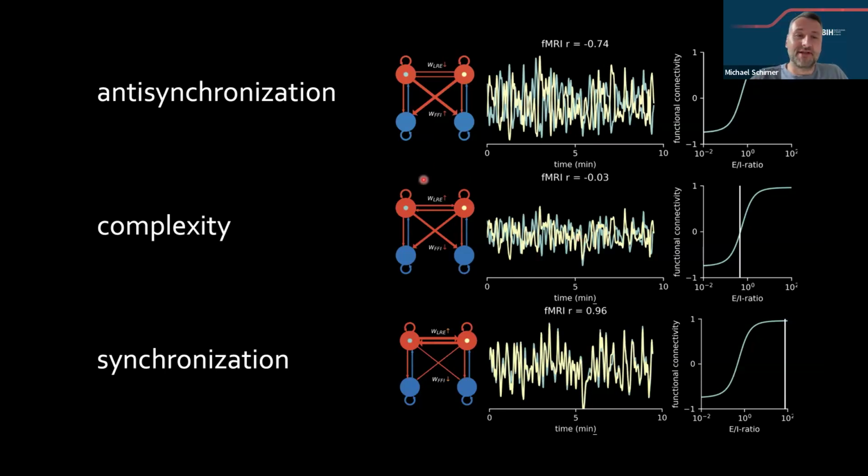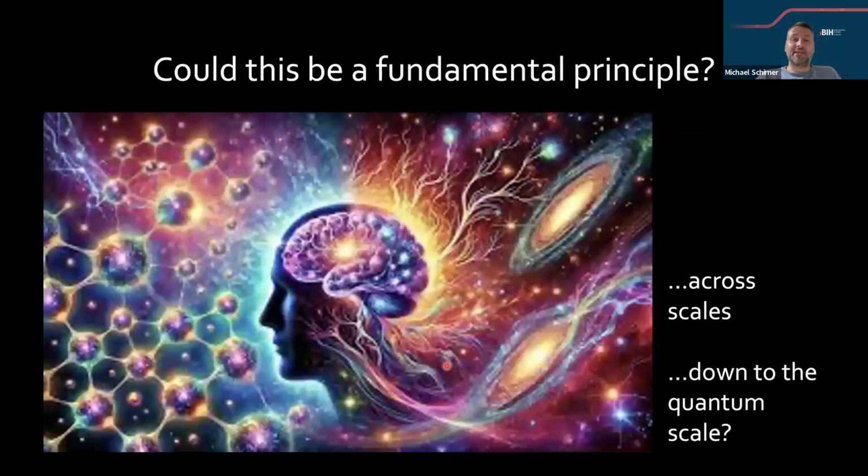All we did really was take four oscillators here and add this connectivity between the excitatory and the inhibitory oscillators on the long range scale, and then smoothly tune this. So there are no complex dynamics that were injected into this. And this leads me to believe that this could even be a fundamental principle across all scales.